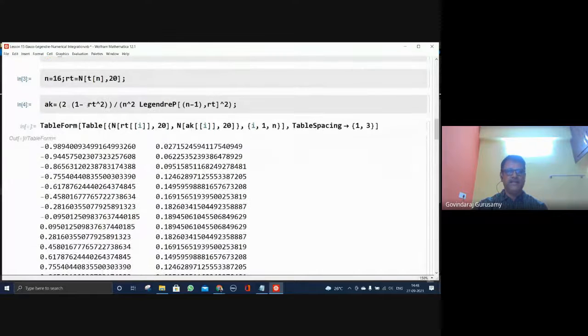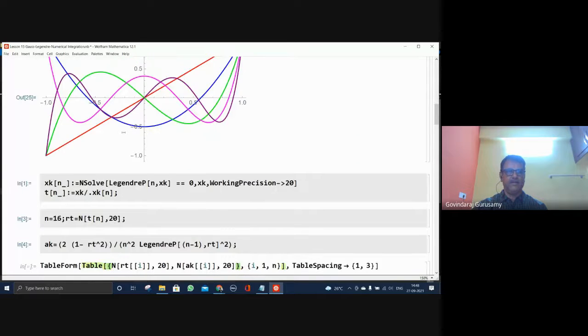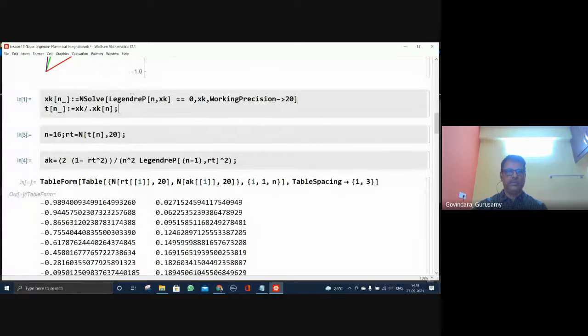The roots are also found. Now you write both the roots xi and the corresponding AK values, and make a list depending on the n. So this is available for you. You can see this is the output which is created and it is being tabulated.